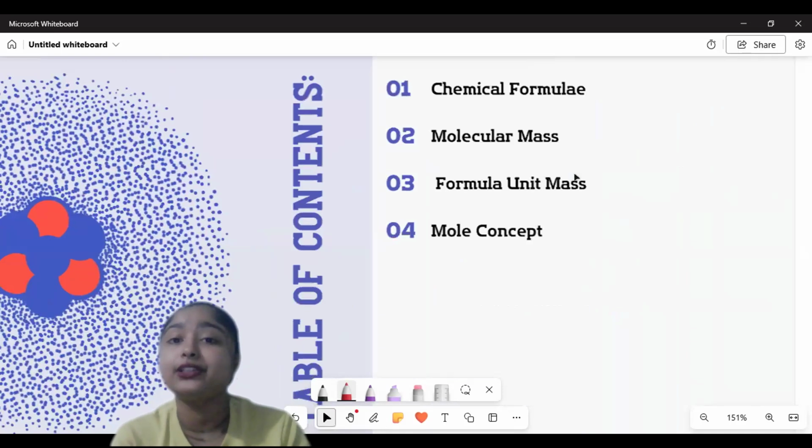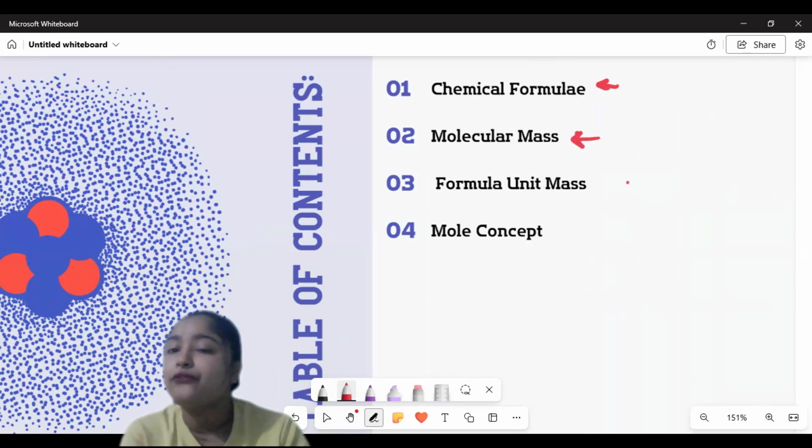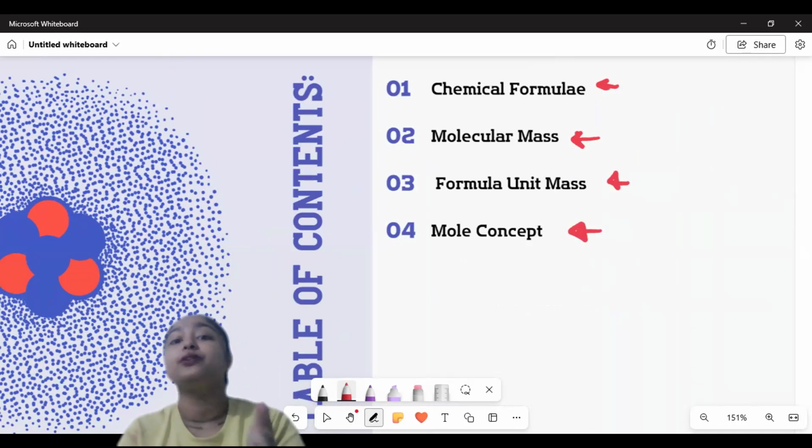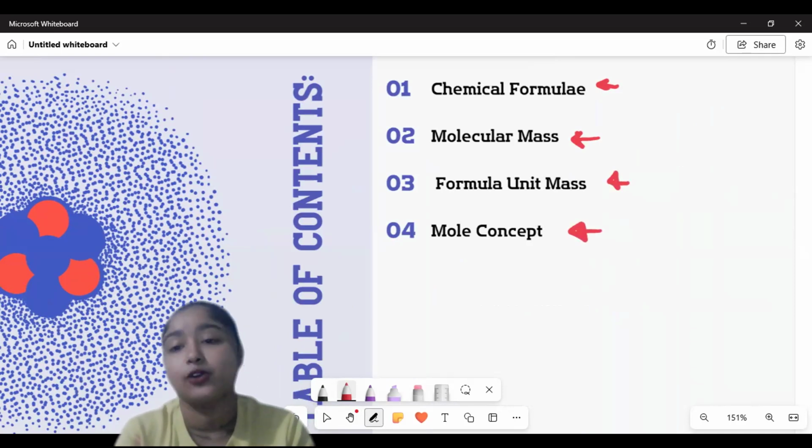After that, we will be doing chemical formulas. Then molecular mass, formula unit mass, and the most important concept of this chapter, the mole concept. It's really very important.